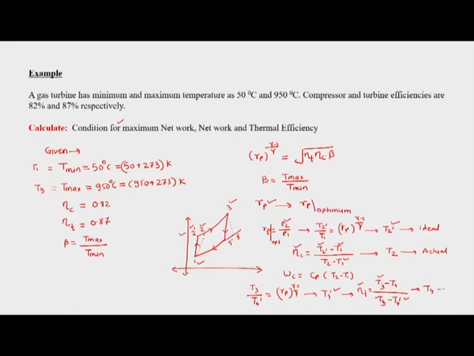Thus, T4, which is the actual temperature, is found out from the turbine efficiency formula, and in case of isentropic we found out the ideal temperature at the exit of the turbine. So, thus we can now find out the turbine work. So, Wt is equal to Cp into T3 minus T4.